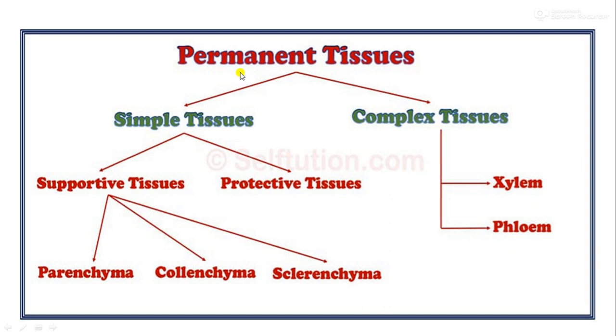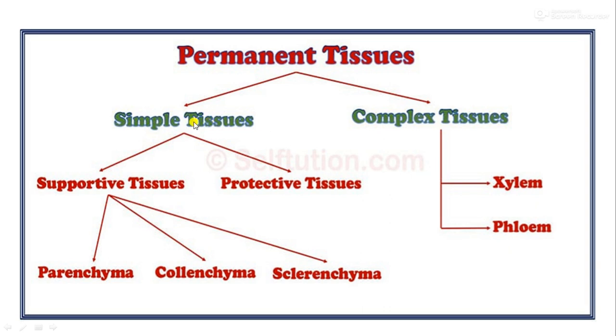Before that, let us see how the permanent tissues are classified. They are classified into simple tissues and complex tissues. Simple tissues are made up of only one kind of cells, whereas complex tissues are made up of more than one kind of cells, or different kinds of cells.